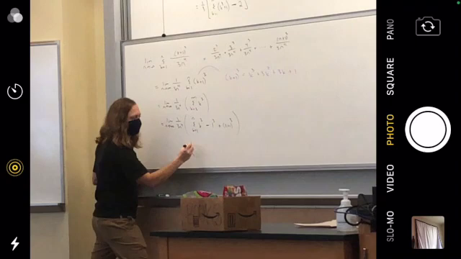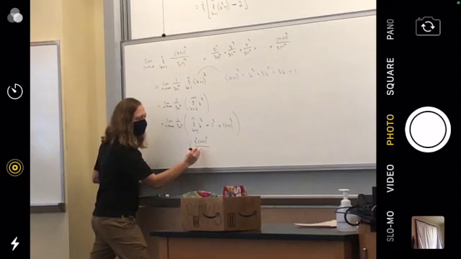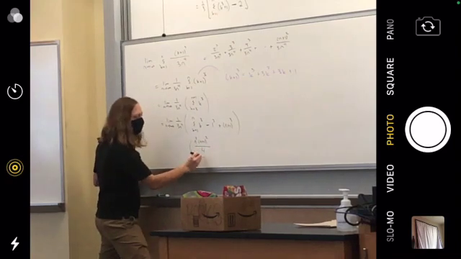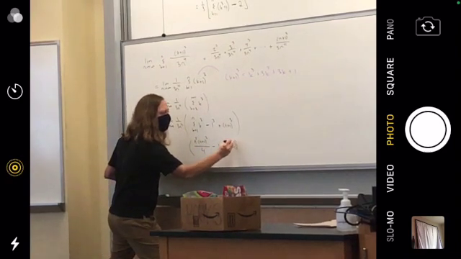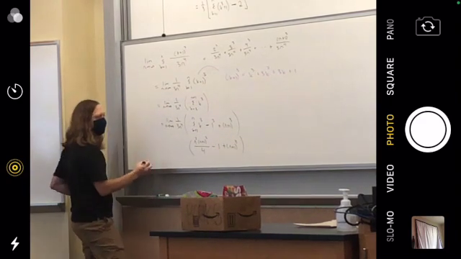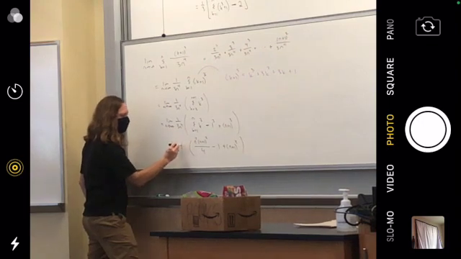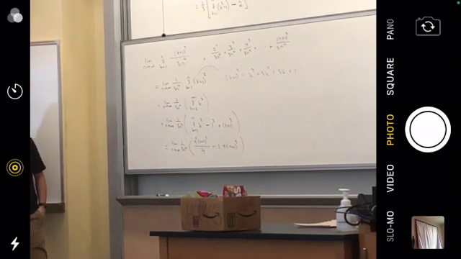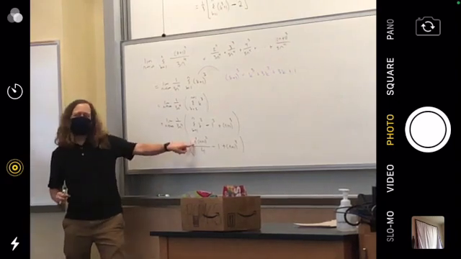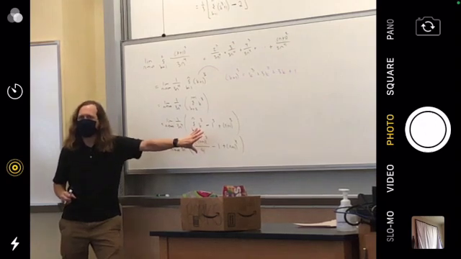What is it? n squared, n plus 1 squared, divided by 4, minus 1 plus n plus 1 cubed. And then what's the last thing that happens? This is basically n to the 4th term plus something. So you want to multiply this all out and check.